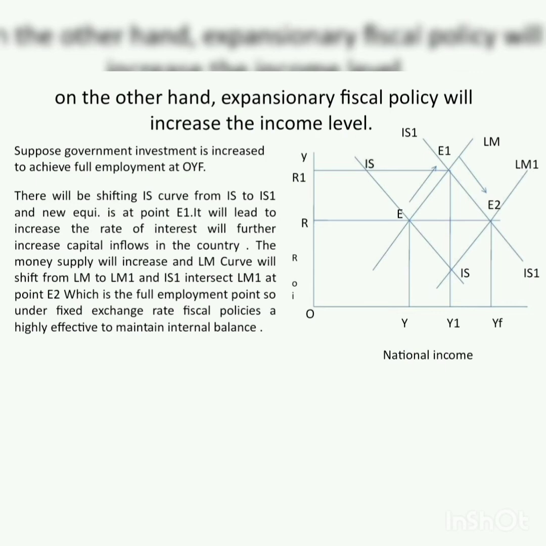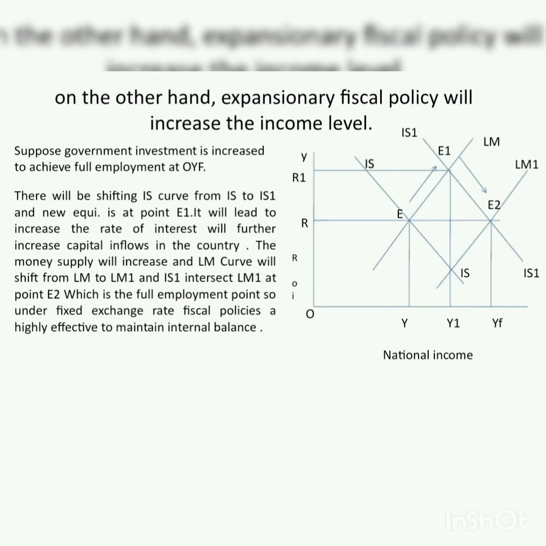In the beginning we are at the same point, where IS and LM are both in equilibrium at point E, OR is the rate of interest and OY is the level of income, and the government objective is the same as in the previous diagram, that is to achieve the OYF level of full employment income.